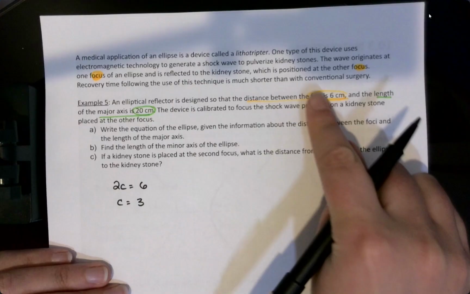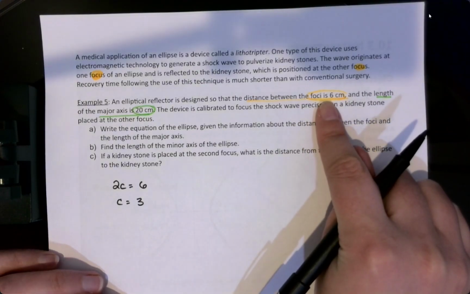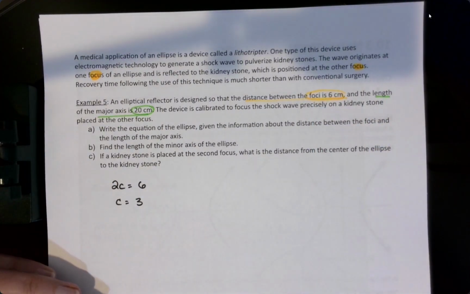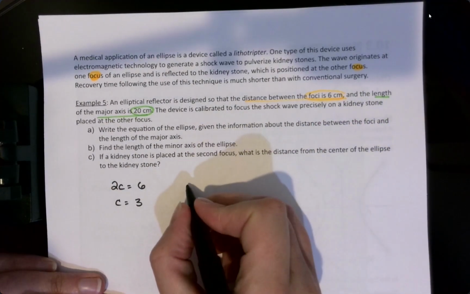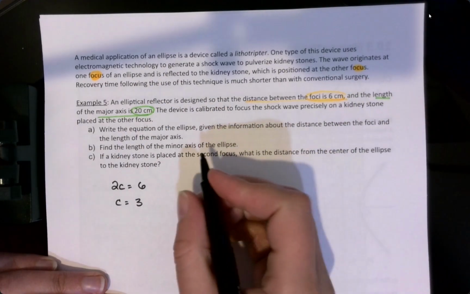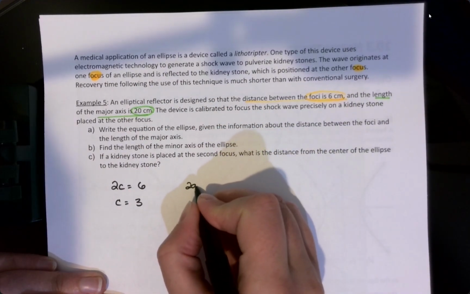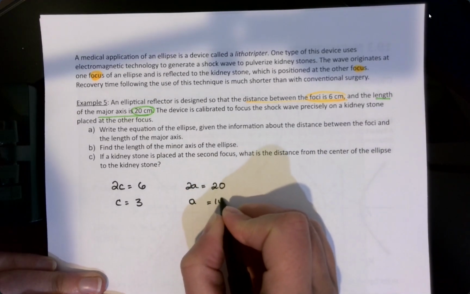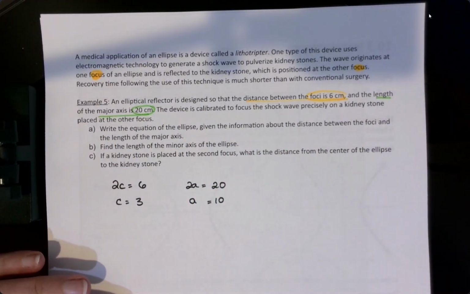Wherever your center is, you add 3 and subtract 3 to get your two different foci, so there'd be a total distance of 6 apart. The same thing for the length of my major axis. It must be the case that 2a is 20, so we're going to go 10 in both directions.